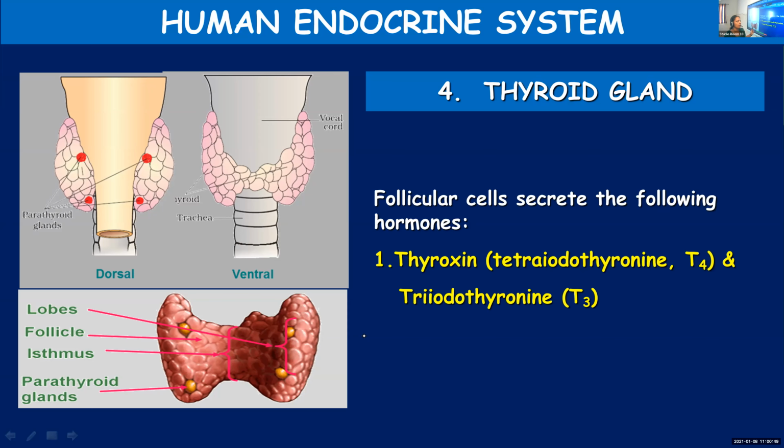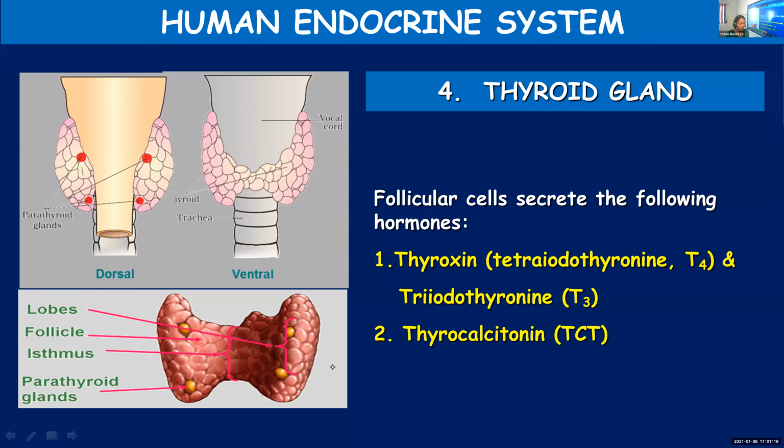Thyroxine is also known as tetraiodothyronine, depending upon the number of molecules present. Tetraiodothyronine and triiodothyronine, T4 and T3. Then the next hormone is thyrocalcitonin. Tetraiodothyronine, triiodothyronine and thyrocalcitonin are the different hormones secreted by the thyroid gland.